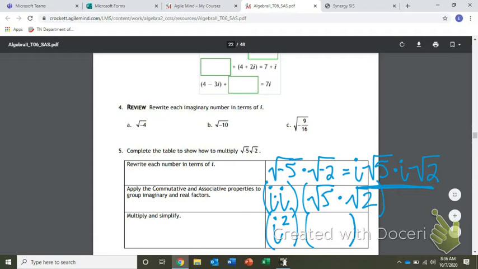So the square root of 5 times the square root of 2 is the square root of 5 times 2. You just multiply the numbers. Square root of 10. If I keep going, i squared and the square root of 10.